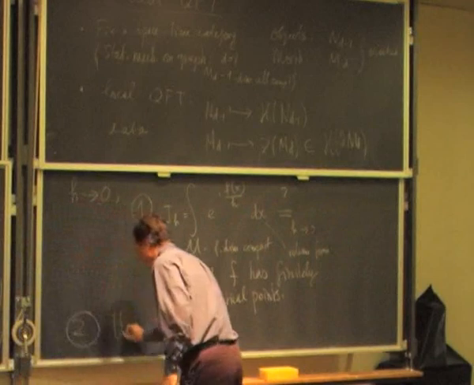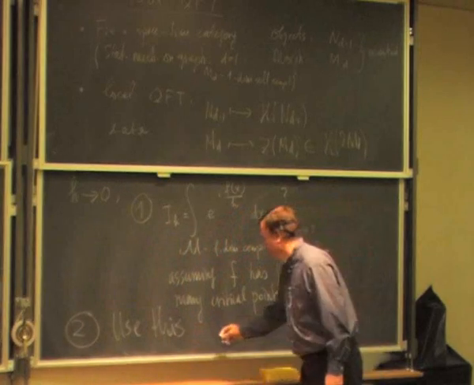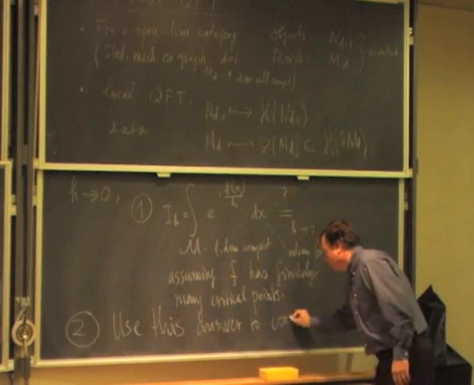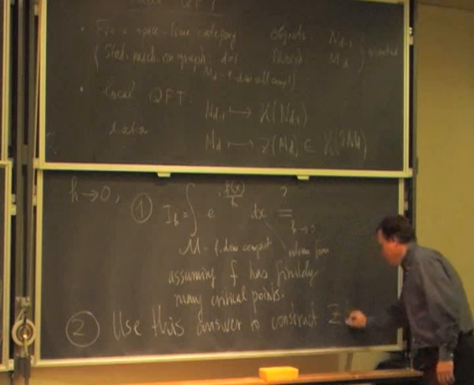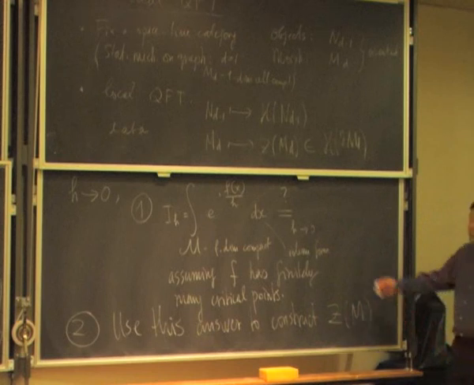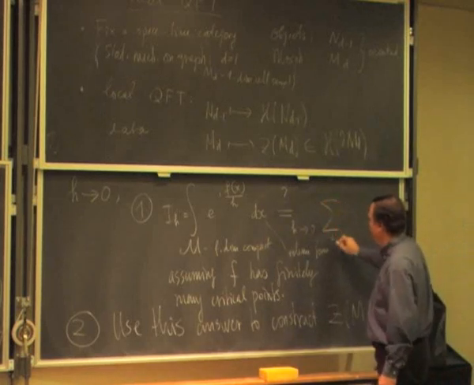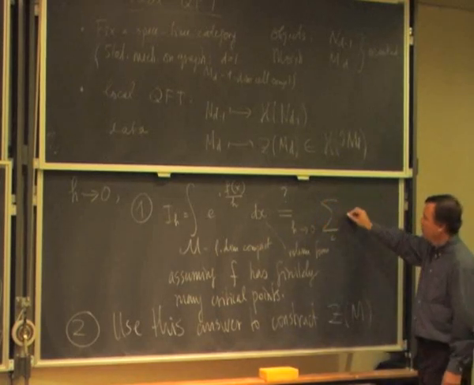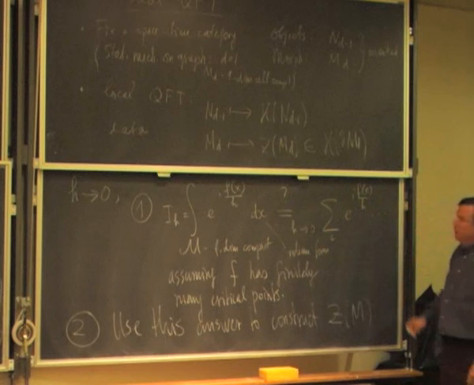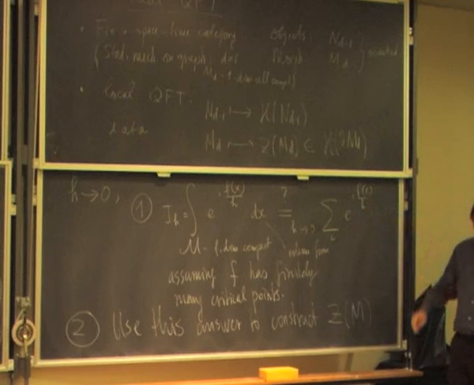Second, we will use this answer to construct Z. So, jumping ahead, many of you know this, that this asymptotical expansion is given by the contributions from critical points of the function. It's the sum over the critical points, and then there are these oscillating terms, and then the formal power series in h.